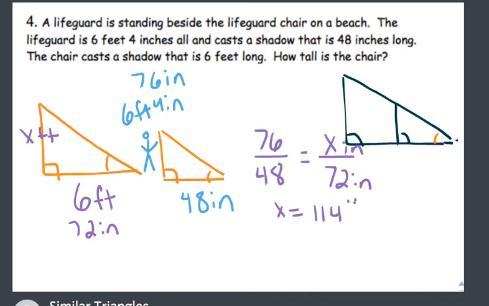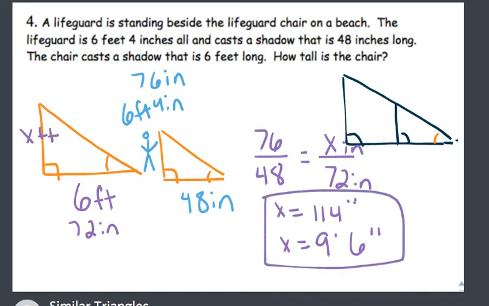You can divide that by 12 inches to see how many feet, and then how many inches are left over. 12 goes into this evenly 9 times, and then there's 6 inches left over. So the chair is 9 feet 6 inches or 114 inches. Just 2 ways of writing that.